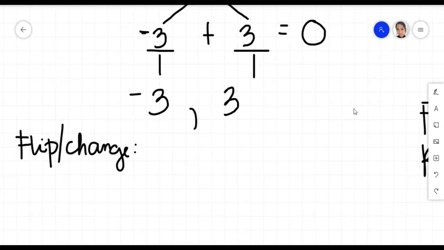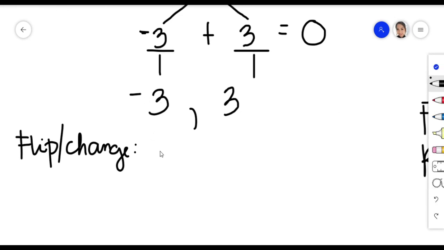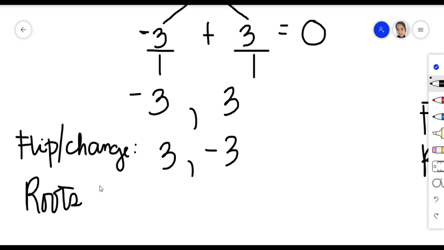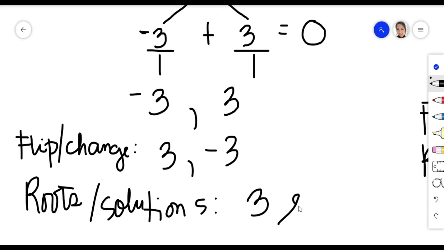So negative 3 becomes positive 3, and positive 3 becomes negative 3. The changed-sign numbers are actually the roots, or our solutions. So therefore, the roots or our solutions are positive 3 and negative 3.